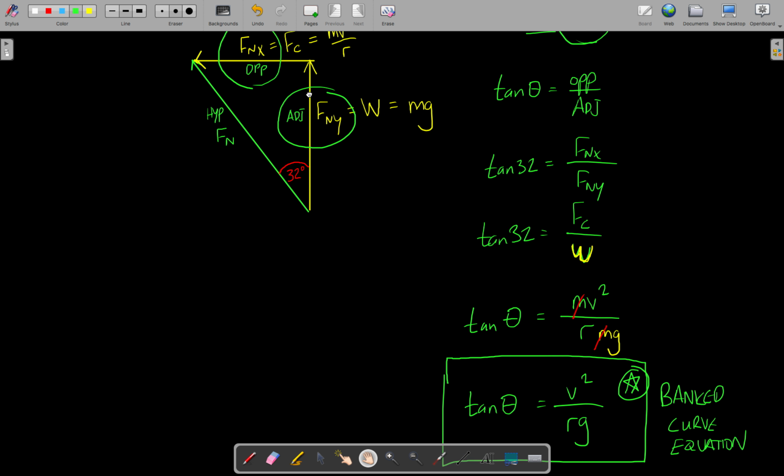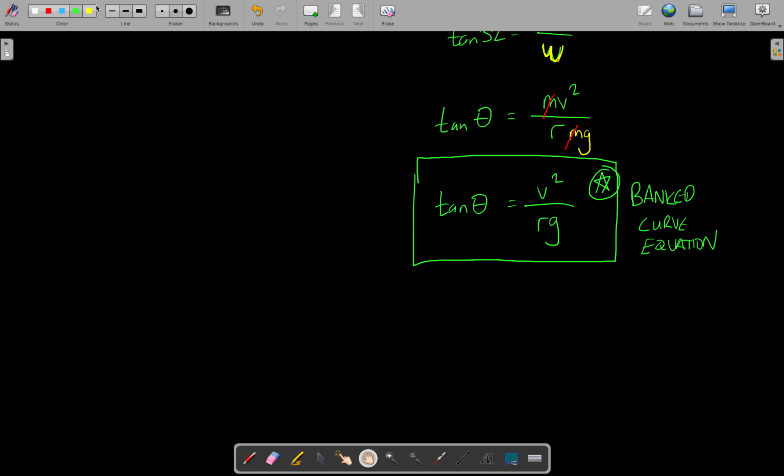So we're going to go ahead and plug in our values here. Before we plug in the values, let's go ahead and rearrange the equation, because the equation is calling for the velocity. We're looking for the velocity. That means that the radius and the gravity have to be moved to the opposite side. So let me just rewrite the equation really quick.